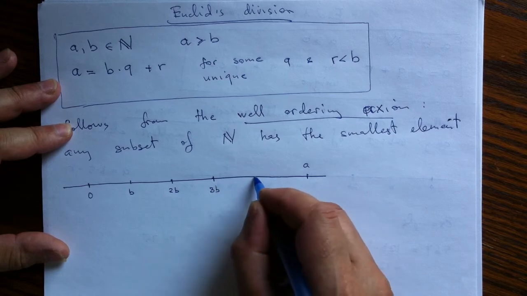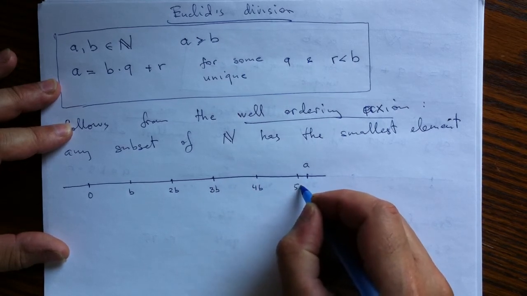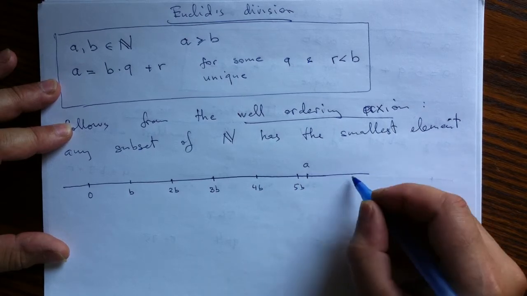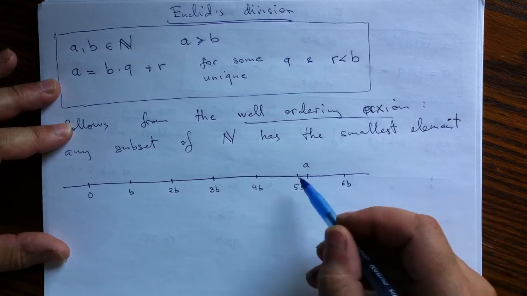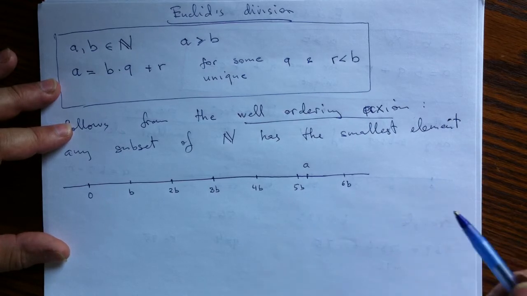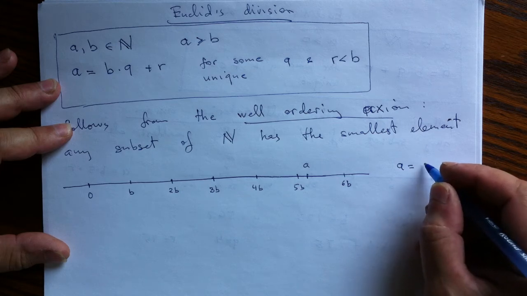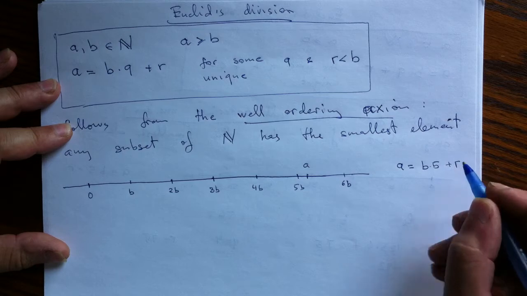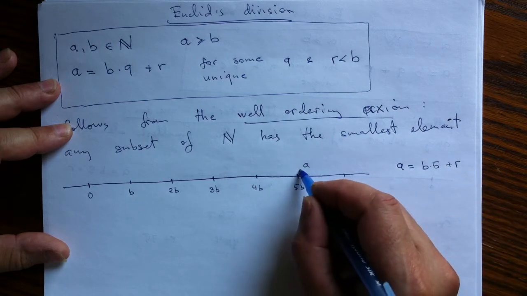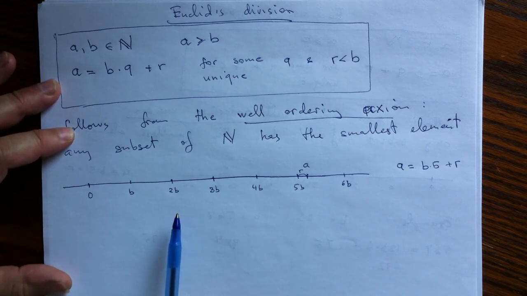So 3 copies still fit in, 4, 5, I extended my line, but 6 will be somewhere here. So 6 will be larger, but 5 will still be smaller, so 5 is the largest number of copies. The division statement for this pair will be 5 copies of b plus some remainder, which is this distance. So if all the points are integer points, then r will also be a natural number.